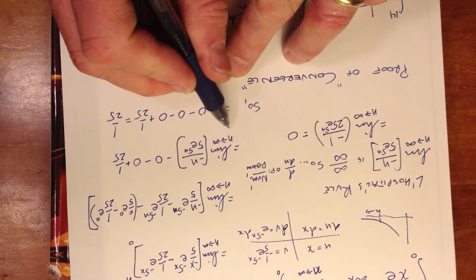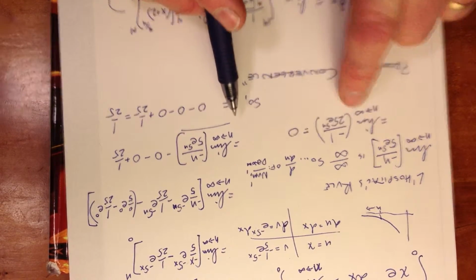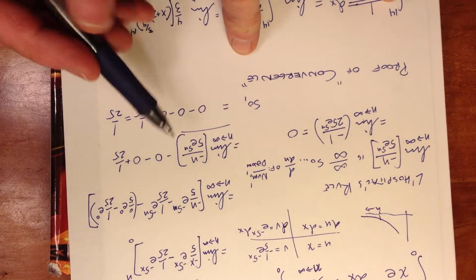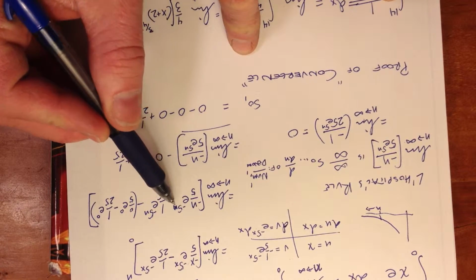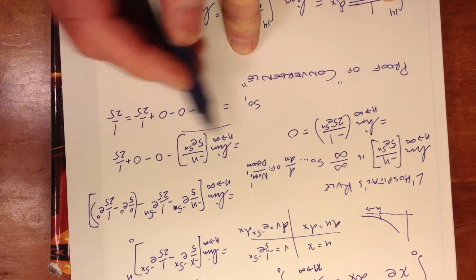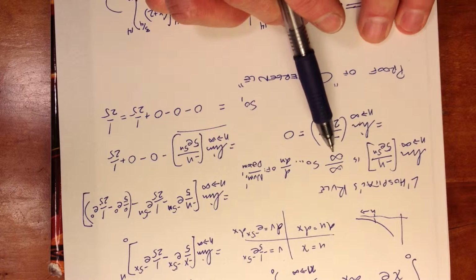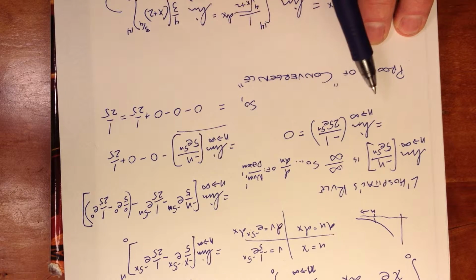So to evaluate this part, I have to use L'Hopital's rule. So we just take, and notice I've taken that negative 5n and I've just put it in the denominator with the 5. That gives us the form of this limit that's infinity over infinity, or minus infinity maybe over infinity.